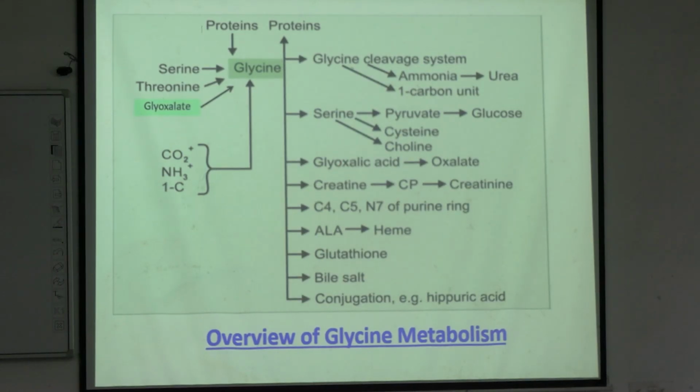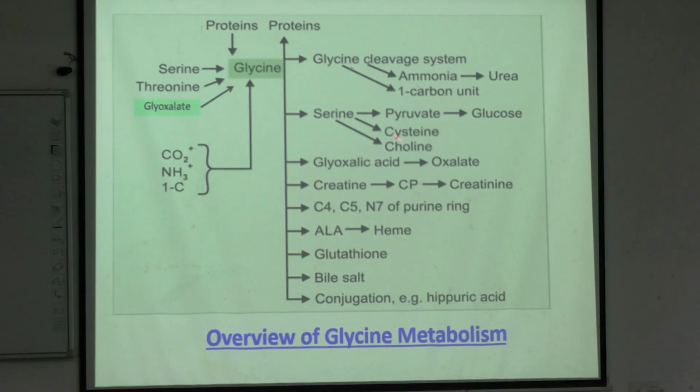Serine, as I told you, I am showing you in the next slide. From serine to pyruvate to glucose, it is a glucogenic amino acid, I told you. So from glycine, glucose can be obtained, but through serine and pyruvate, not directly. So it is a glucogenic amino acid. It can be converted into cysteine, it can be converted into choline.